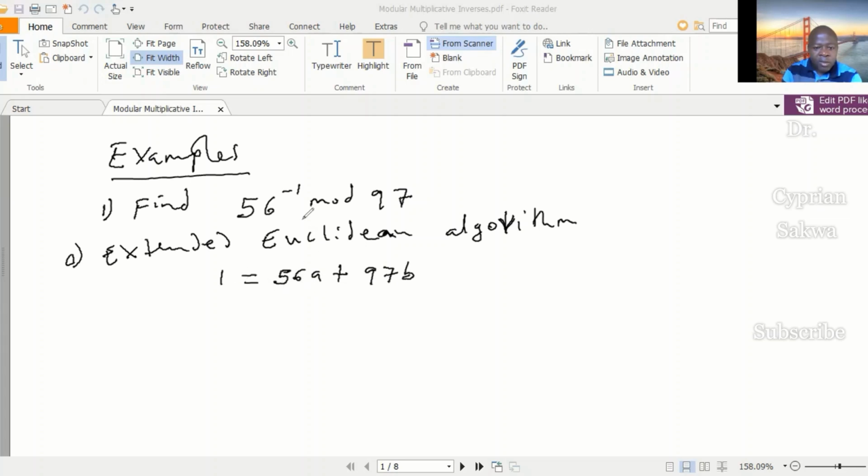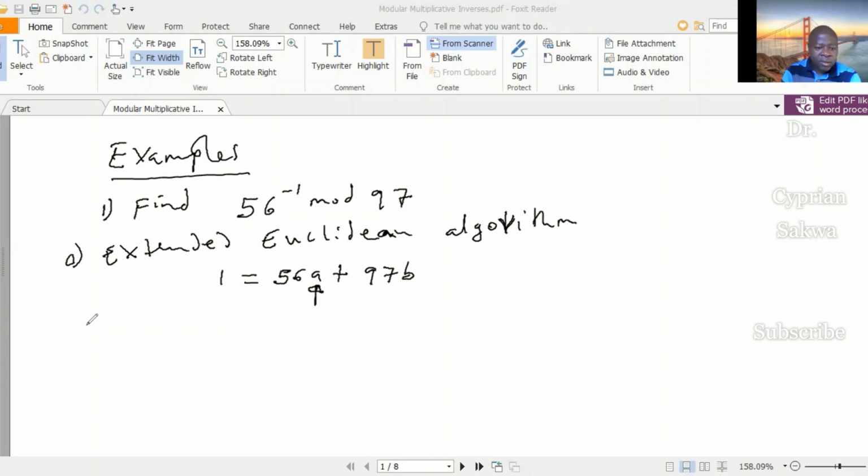We want to write this in this form. So we want to find two numbers A and B such that 56 times A plus 97 times B gives us 1. So in this case, A here shall be the inverse of 56.